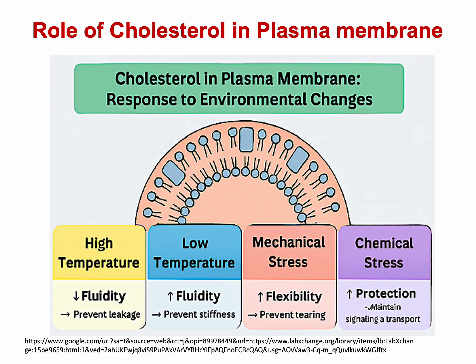Now, cholesterol plays a vital role in preserving the fluidity and stability of the plasma membrane by balancing its rigidity and flexibility. It enables cells to adjust to environmental fluctuations such as temperature shifts, mechanical forces, and chemical stresses, while regulating membrane permeability, facilitating the formation of lipid rafts for signaling and supporting overall cell function and responsiveness.